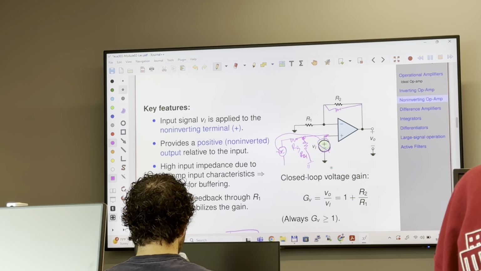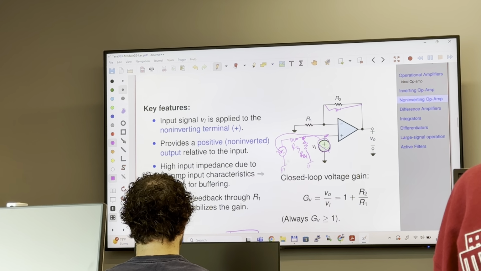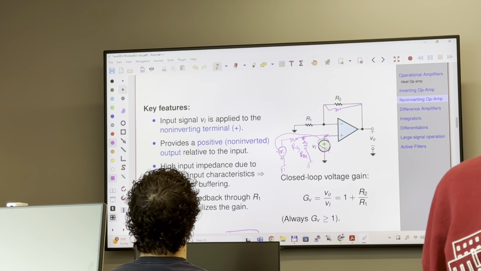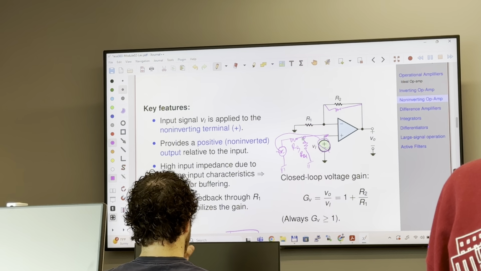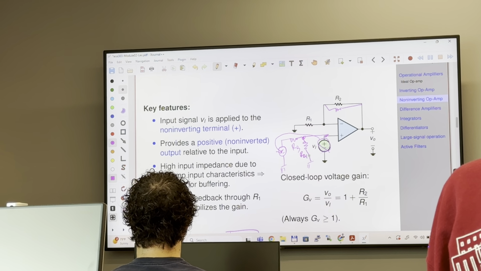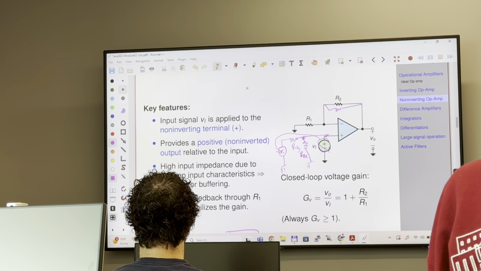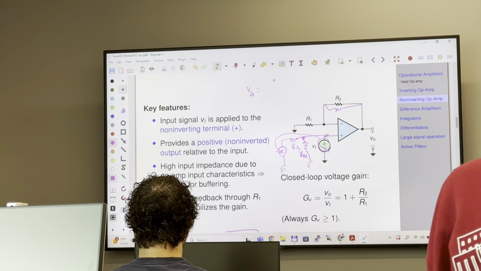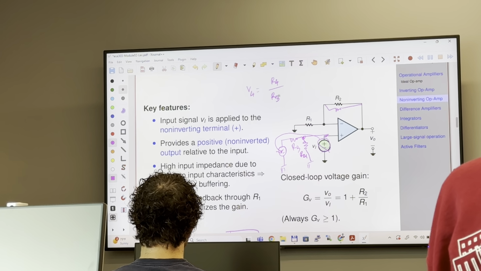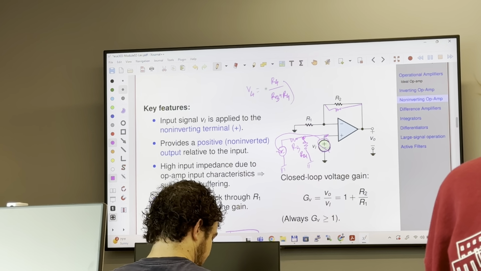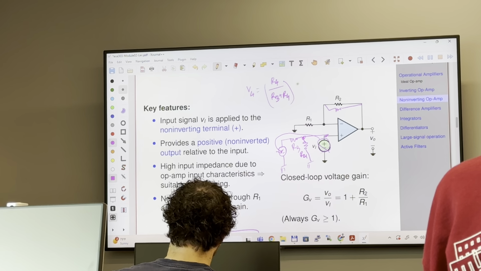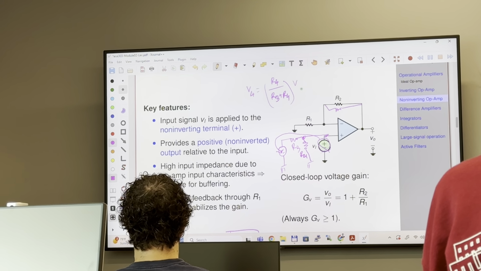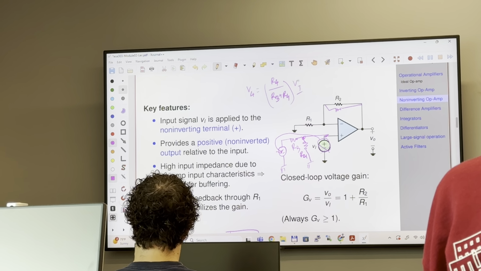What you need to do is apply the voltage divider and find the voltage across R4. V4, which is the voltage across R4, is going to be R4 over R3 plus R4 times Vi.